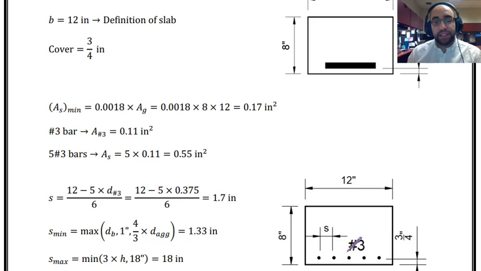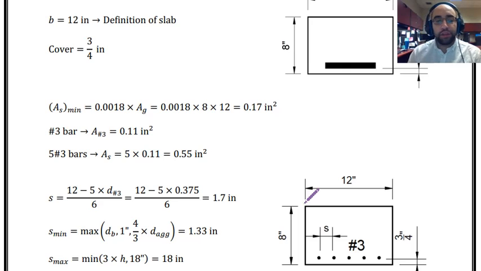Of course, in situations like this, when we are using a greater number of bars in the section, the issue that we might face will be about the spacing. Over here, you can see at the end, based on this situation, I can obtain the strength, I can satisfy all the conditions, but there is one issue that we will discuss at the end.